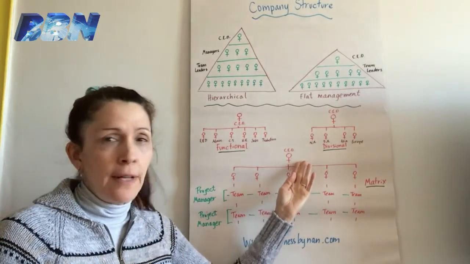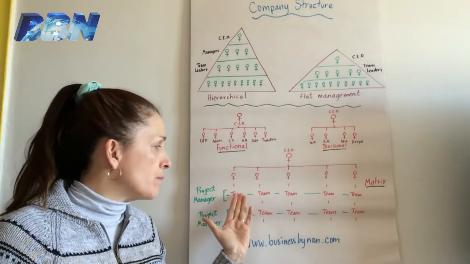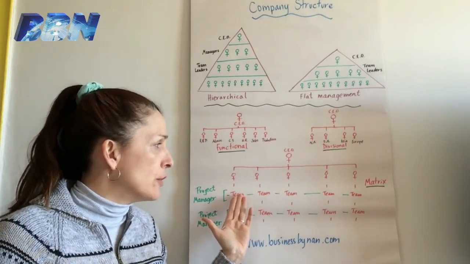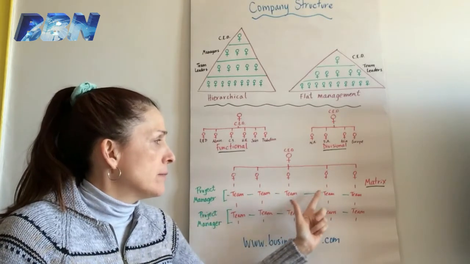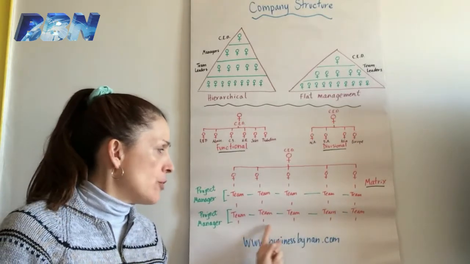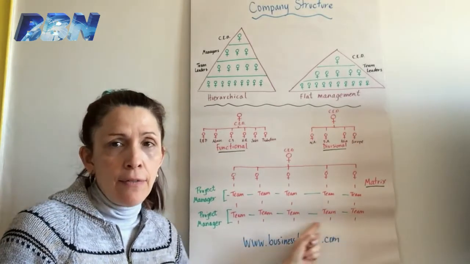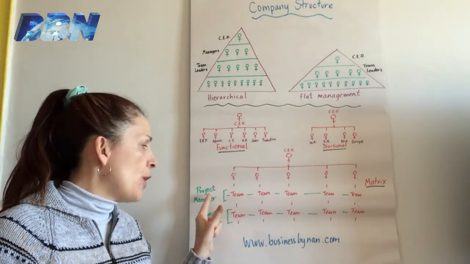So we've got the CEO at the top, and then of course we have it according to probably the function, could be the division. You have the team leader or the team, and you have more team, and then of course you can keep going if you'd like. That's why I have those lines there. But then over here you have these project managers.